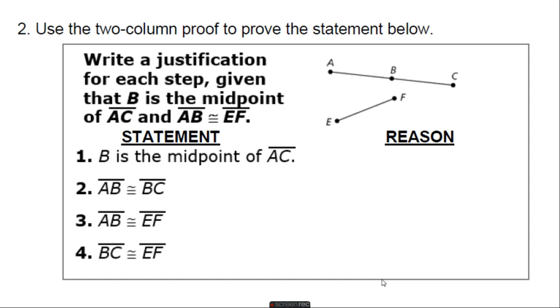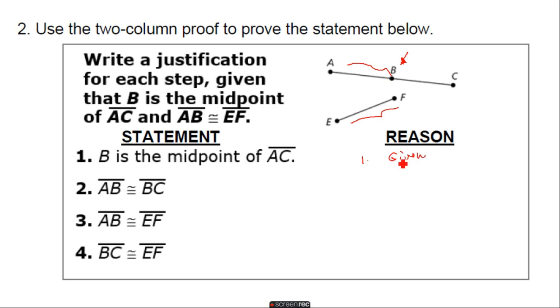Again, let's have this. Use the two-column proof to prove the statement below. We are given B is the midpoint of AC, then AB is congruent to EF. Now, let's see. Number 1 statement, B is the midpoint of AC. So, number 1, we have given.